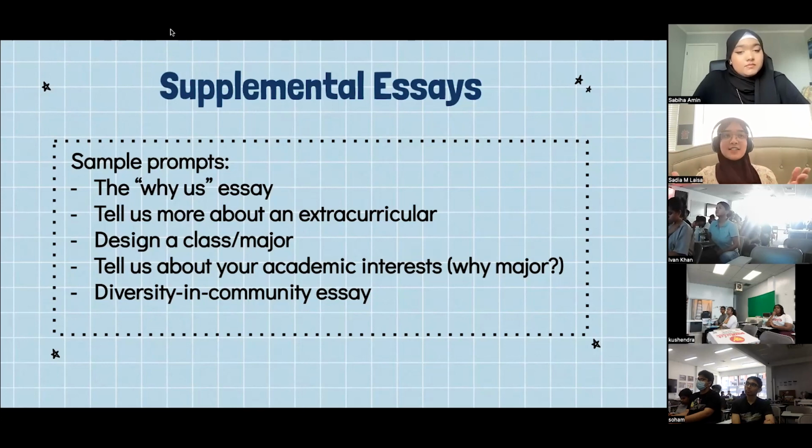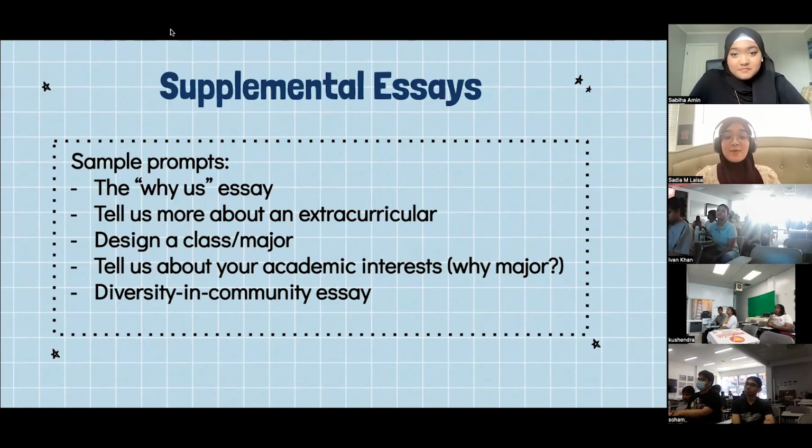For example, I want to study computer science because I really enjoyed this, and you can see it in my transcript that I've taken a lot of different computer science related courses, or in your extracurriculars, try to have a narrative within your overall package.